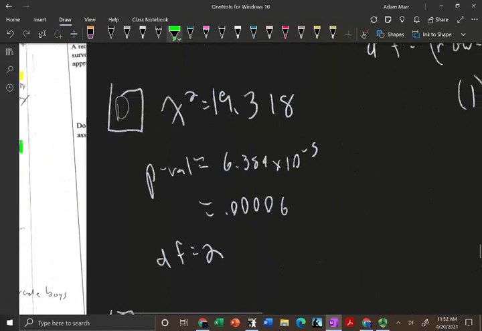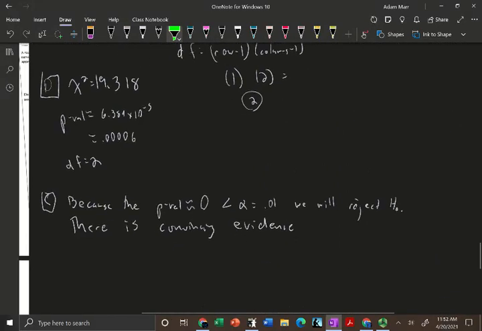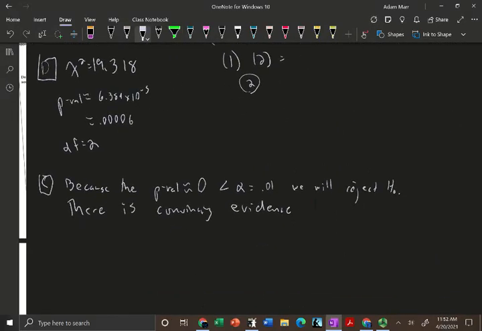There we go. Okay. So there is convincing evidence that television preferences differ significantly, sorry about that, differ significantly for boys and girls.